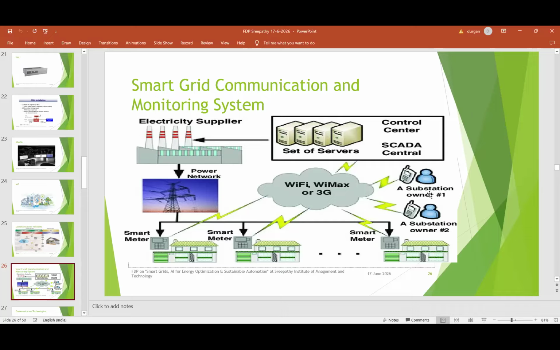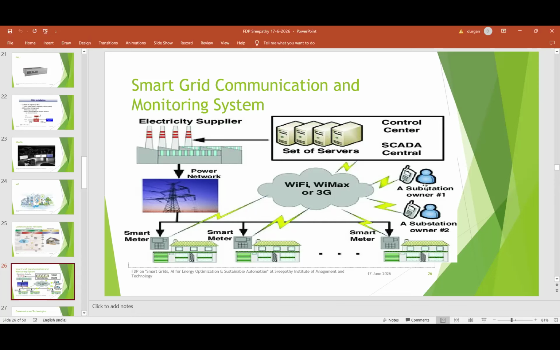For operating the control unit we need the communication network, so everything is integrated. From the control you get the data to be informed to the substation owner, that is the utility operator.